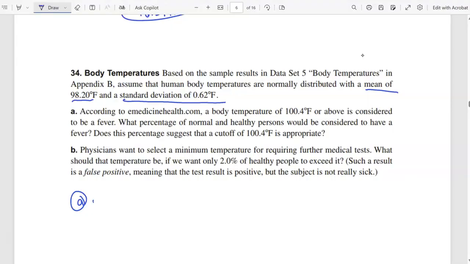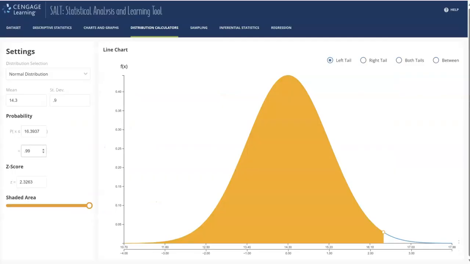So we want to find the probability that a randomly selected person has a temperature greater than, or we could say greater than or equal to, it doesn't really matter. Greater than 100.4. So we're going to type everything we know into our technology.